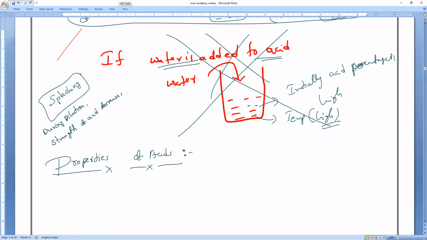The strength is decreasing means the number of H plus ions is decreasing or increasing? We can say strong acid or weak acid based upon the H plus ions only. So the more we dilute, the H plus ions keep on decreasing. So during the dilution, the strength of acids decreases or increases? Decreases.